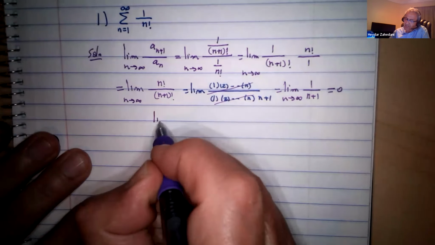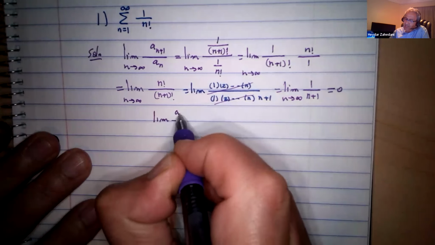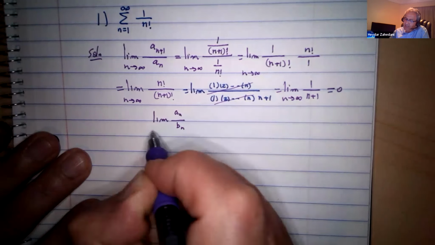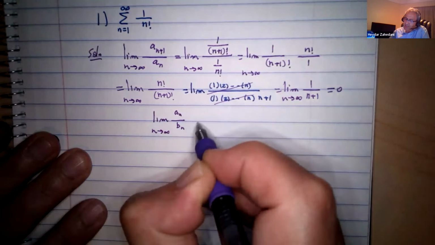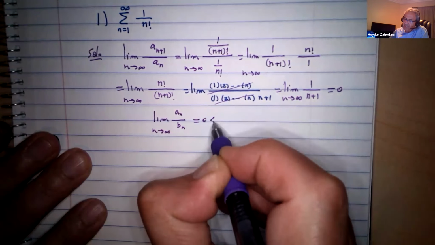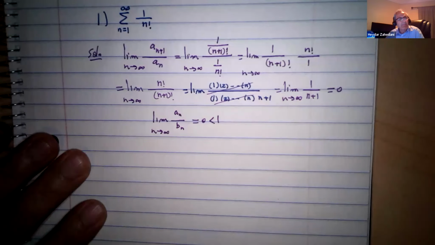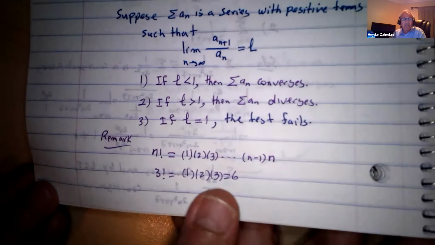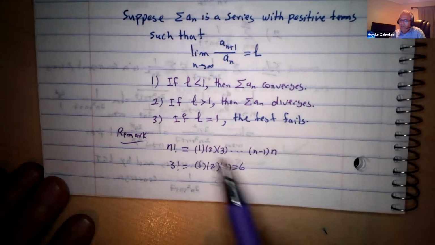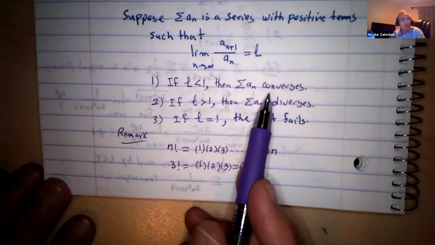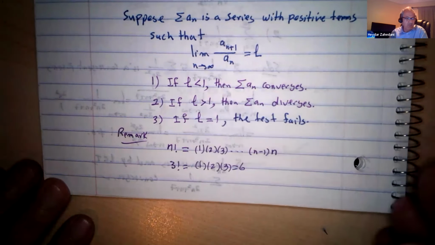Okay, so the limit of a_n over b_n, as n goes to infinity, is equal to 0, and 0 is less than 1. So as you can see, by the test, if L is less than 1, the series converges. Bigger than 1, diverges.